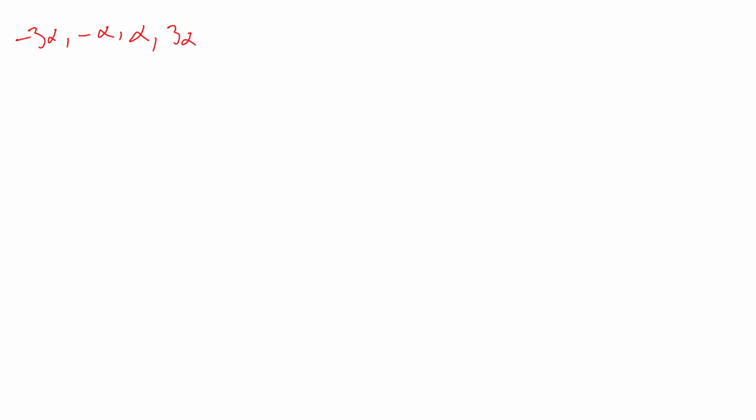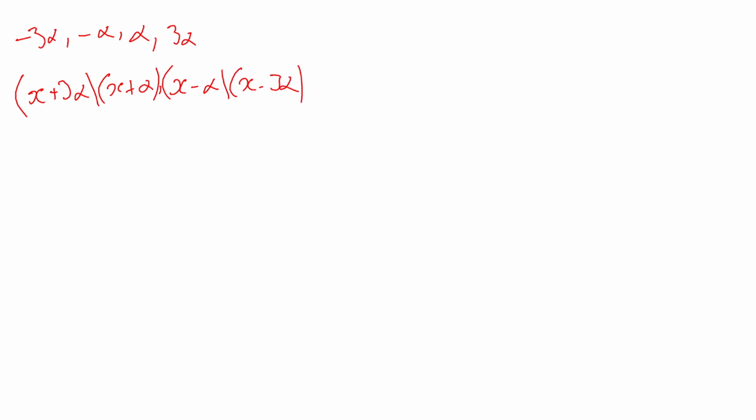So, when we try and put these roots into our equation, we substitute them into a bracket, x minus our root, and we get x plus 3 alpha, x plus alpha, x minus alpha, and then x minus 3 alpha.